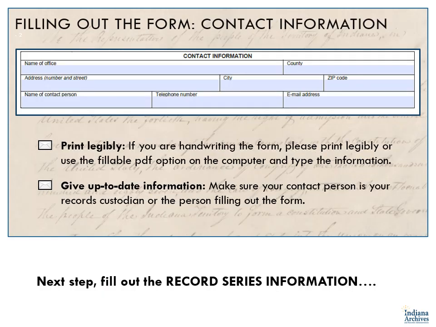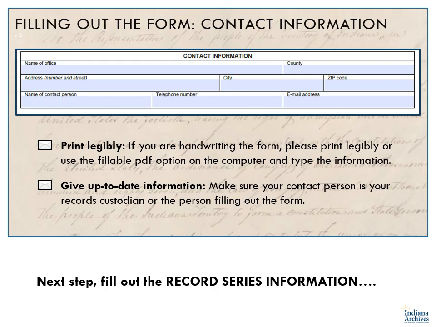The next section is the contact information section. In the instructions, it says to complete all contact and record series information fields. So the contact information section will be the first section you fill out on this NOD form. If you are handwriting the form, please print legibly, or you can use the fillable PDF option on the computer and type the information.